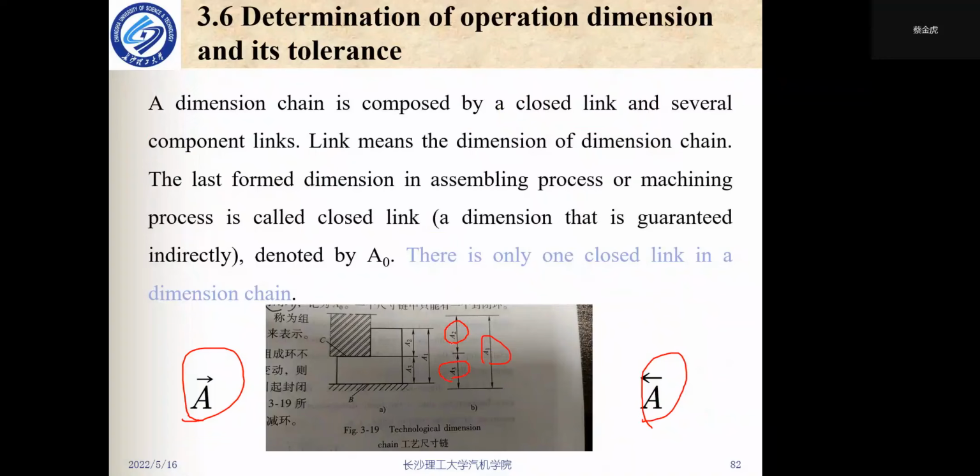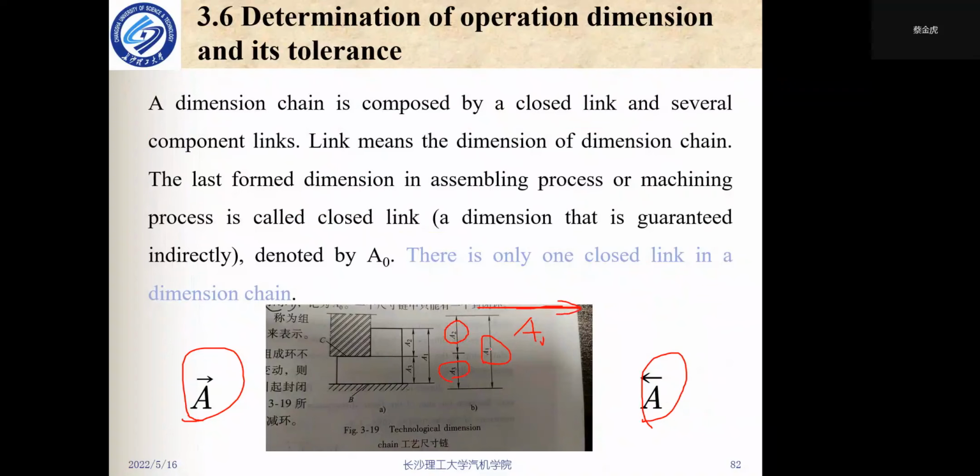If I2 is a closed link, then when I1 increasing, the closed link I2 will increasing. So I1 is an increasing link.